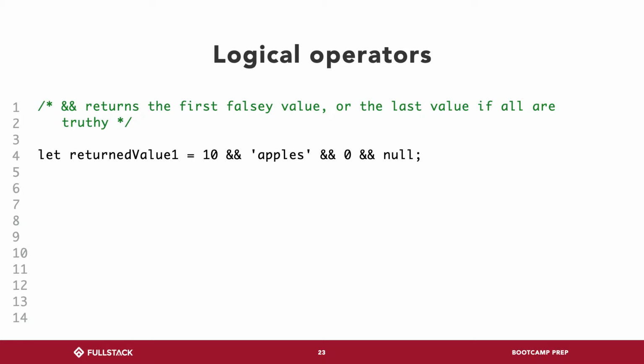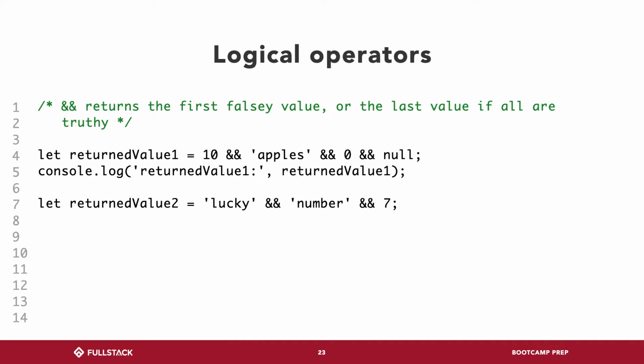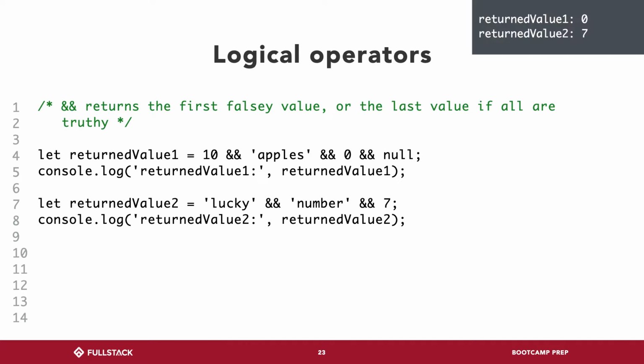And returns the first falsy value, or the last value if all are truthy. So here we have 10 and apples and 0 and no. We get 0 when we console log what it is there. Lucky number and 7, we get 7. And like I said before, it makes sense that this works like this, because and will be truthy and falsy depending on, like in if statements, this and this is true, right?